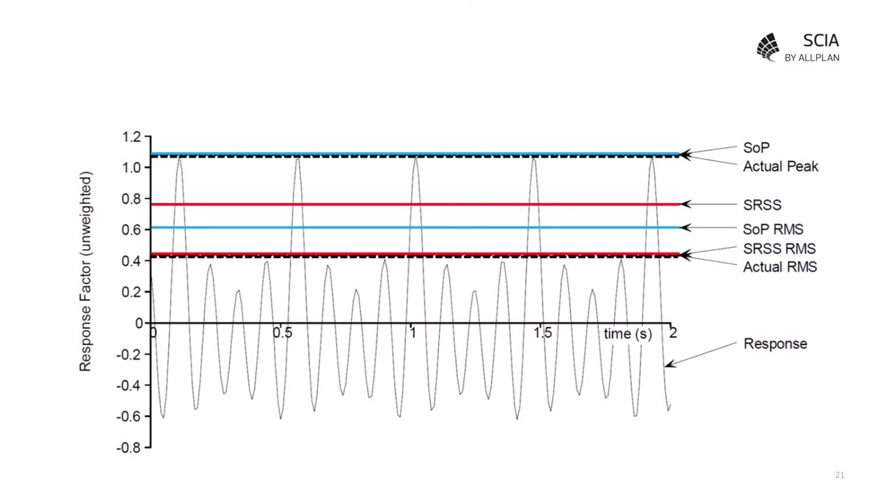So this graph represents our vibration response, which has varying peaks. The red or blue lines represent the various combination methods that you can have. More conservative methods, like sum of peaks, assume that all peak responses from individual steps occur simultaneously, resulting in higher estimated vibrations and a safer but potentially over-designed solution.